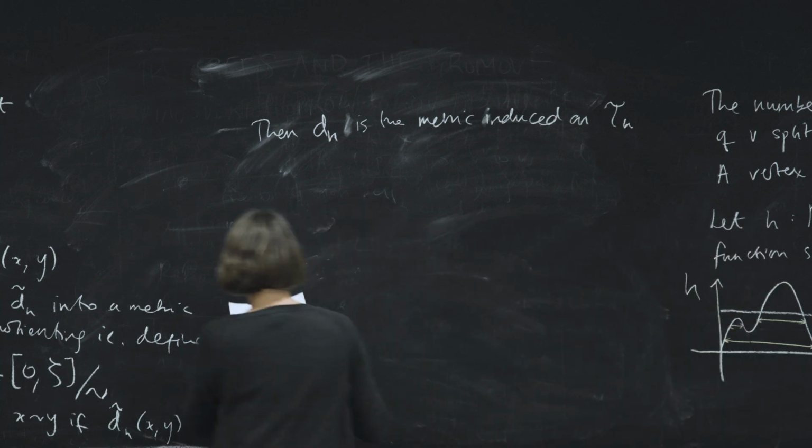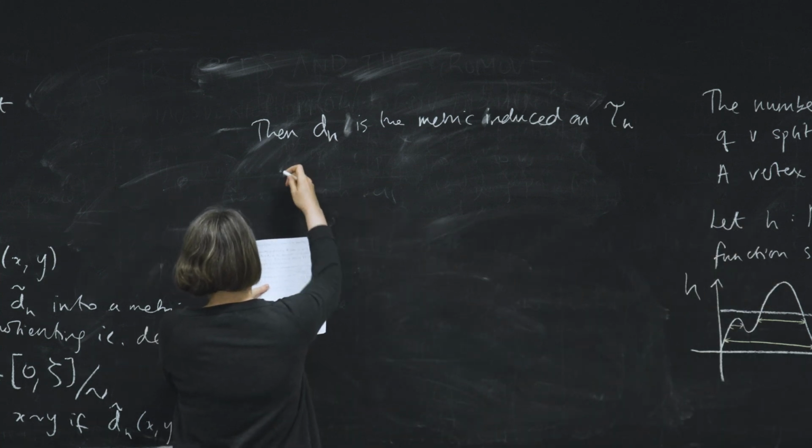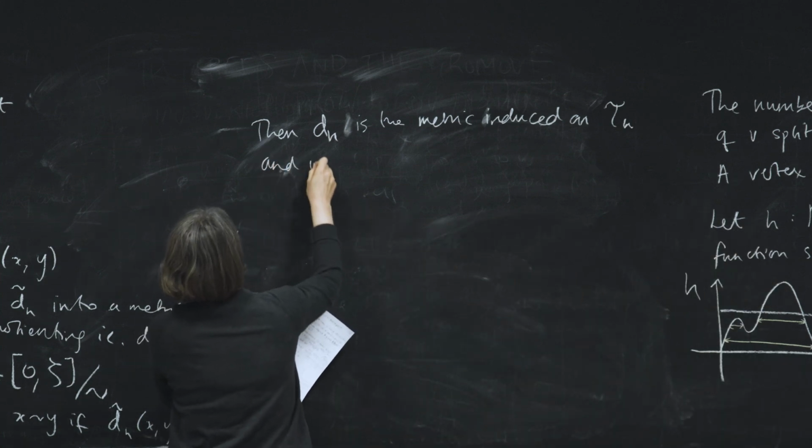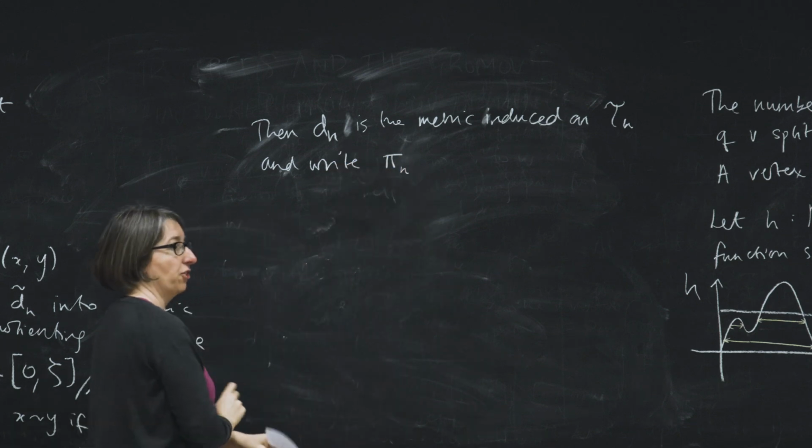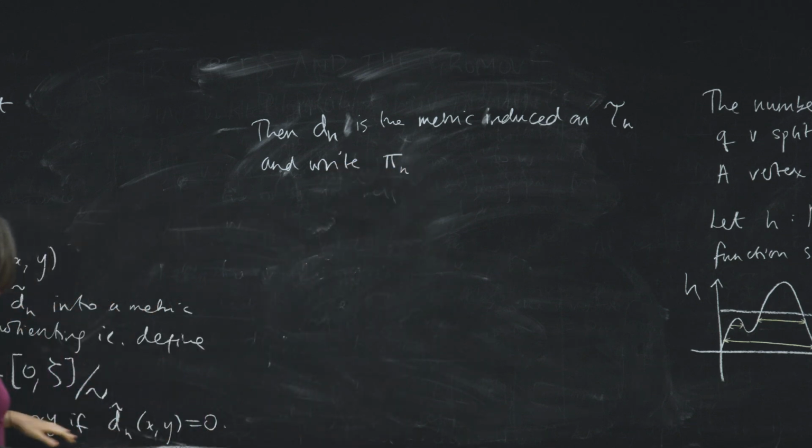Okay, and I want to have some notation pi_h. This is going to be the projection map. So this is the map that takes me from an element of the interval [0, zeta] into this T_h here.